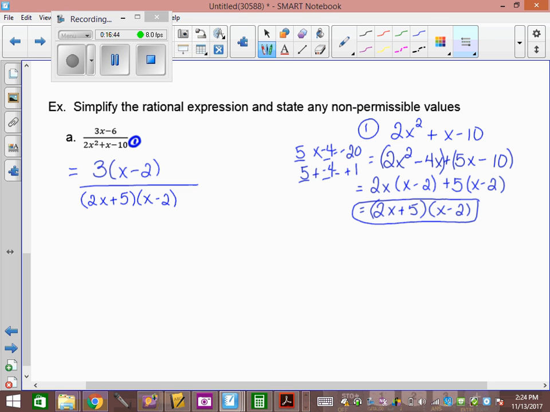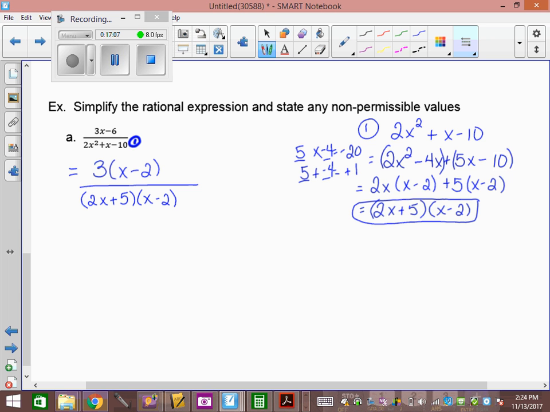And if we cross those off, we're going to cross off the 2. And remember, what did we do at the very beginning when we put that 3 in? It didn't work for all of those, even the trinomial, right? So we have to state all the non-permissible values, not the ones that are just left over when you're done reducing it. Okay? So before we go to cross off, slap your hand and be like, do not cancel until you state NPVs. Don't slap someone else's hand, just slap your own.